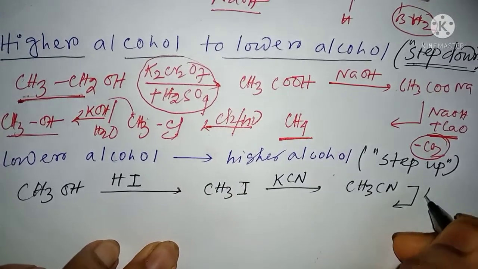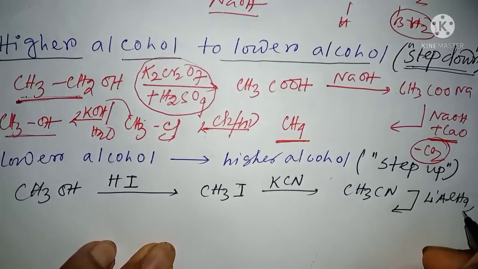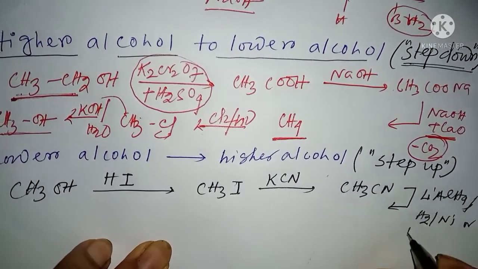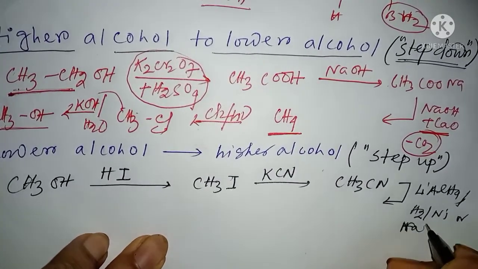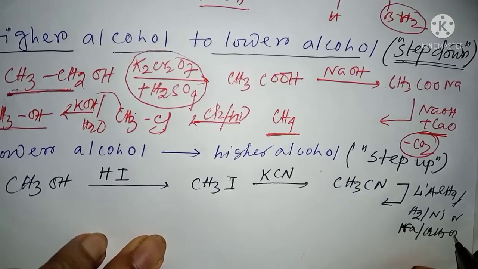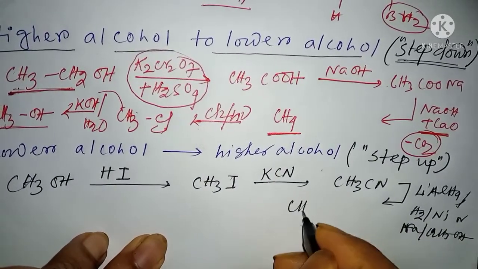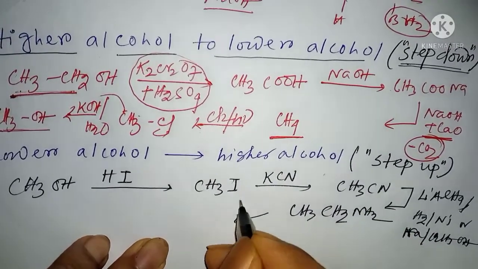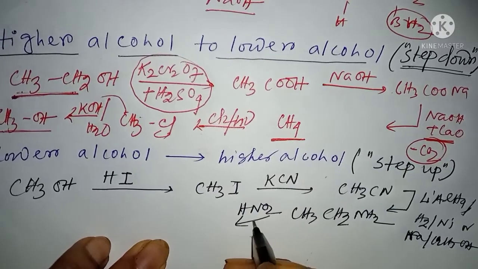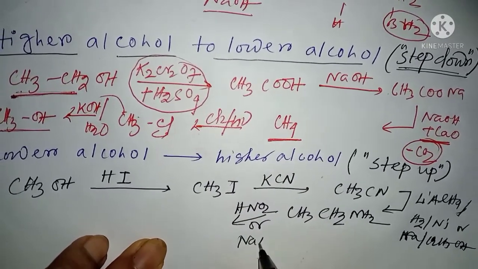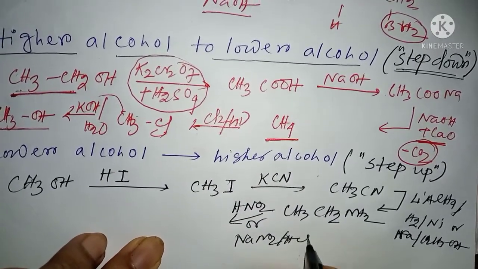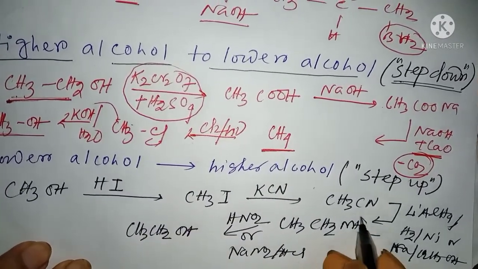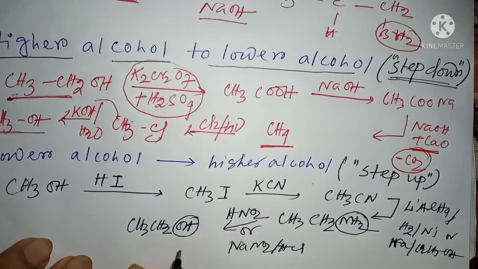Now a reducing agent like lithium aluminum hydride, or H2/Ni, or sodium in ethanol, forms CH3CH2NH2. Then in the presence of HNO2, nitrous acid, or NaNO2/HCl, it forms CH3CH2OH: the NH2 group is converted to OH, an alcohol.